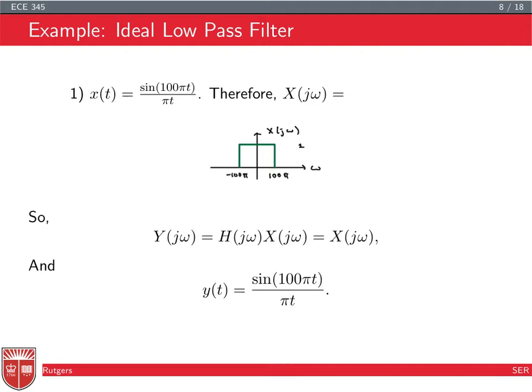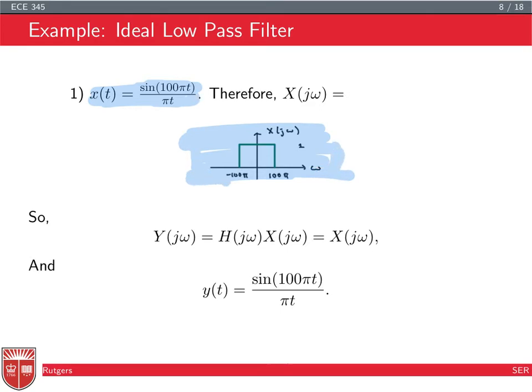The first problem is the input x of t, which is sin(100 pi t) divided by pi t. Immediately you can see that in the frequency domain, this signal is also a box function between minus 100 pi and plus 100 pi.